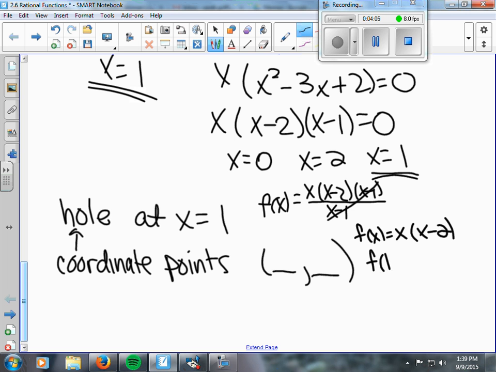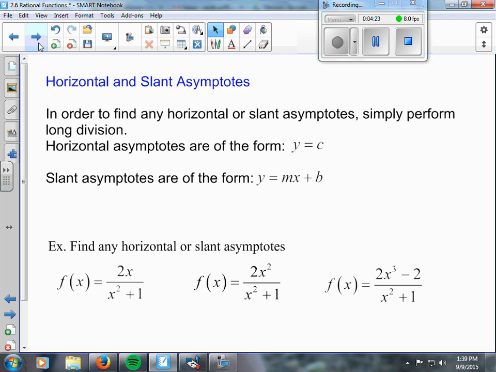If I plug 1 into that, I get 1 times 1 minus 2. I get negative 1. This tells me the y value of the location of the hole. So this is at 1, negative 1. You will have holes in different rational expressions, and you will have to plot them.